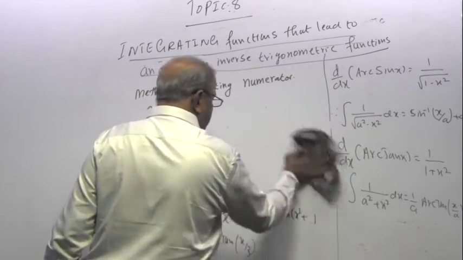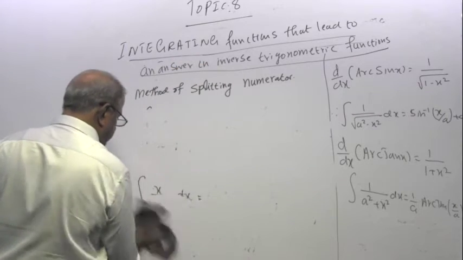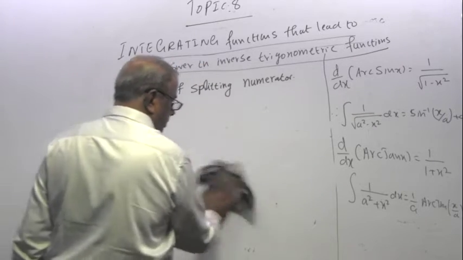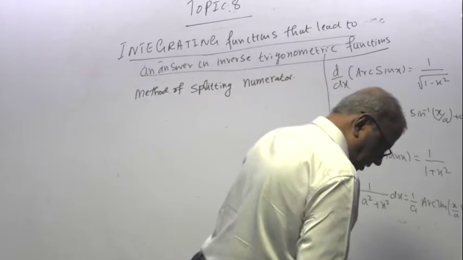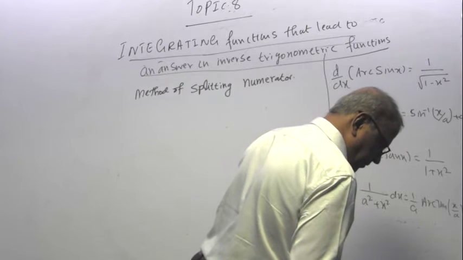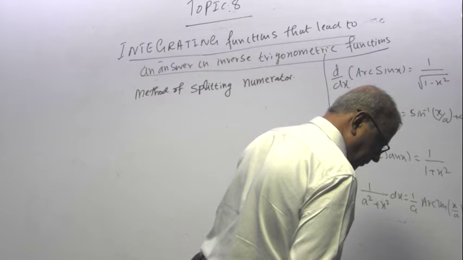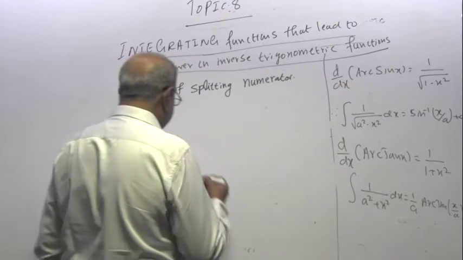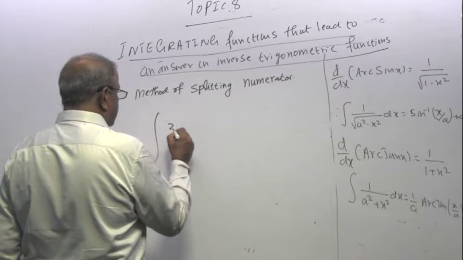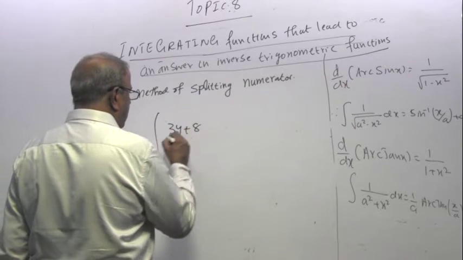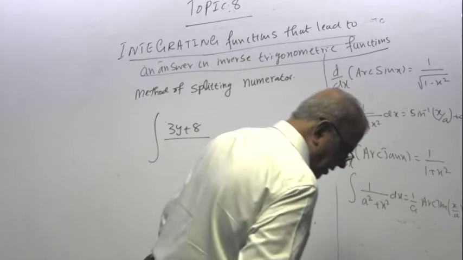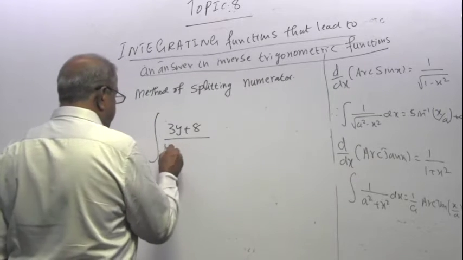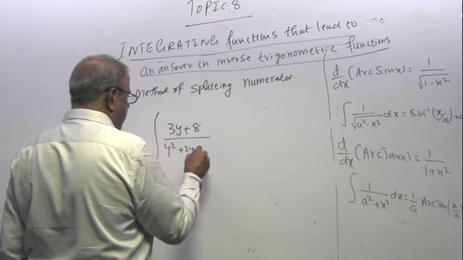It's not always this simple. The integral of 3y plus 8 over y squared plus 2y plus 5.